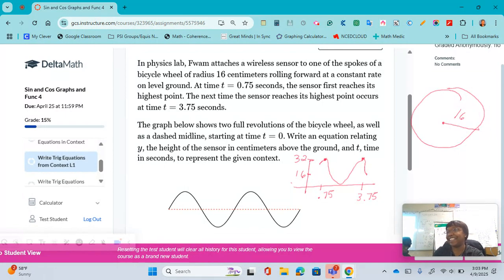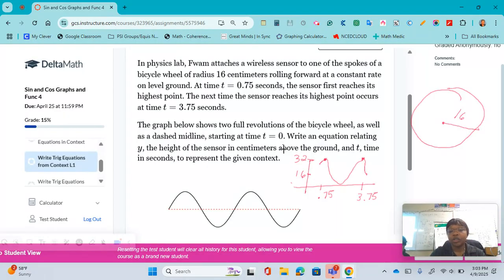And we need to get the period. The period is from subtracting these two x values, and we have a period of 3.